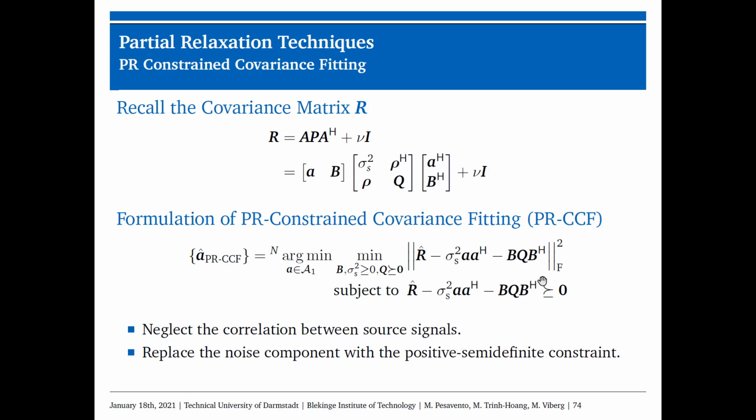Adopting the PR framework in this case means that we should decompose the true steering matrix A into the structured steering vector A and the unstructured matrix B. The source covariance matrix P is also correspondingly decomposed into four components: sigma S square, rho Hermitian, and then Q. In the first version of the covariance matching PR estimator, we neglect the potential correlation between A and B, or in other words, we set the rho here to be 0.